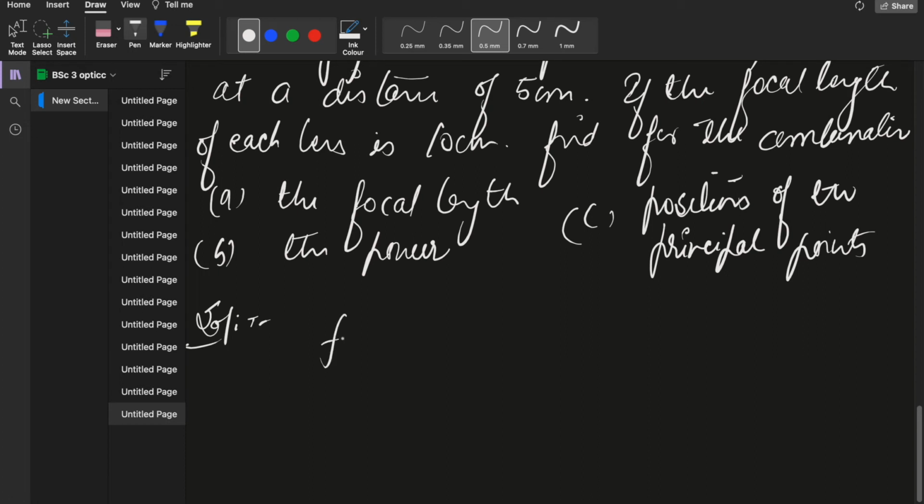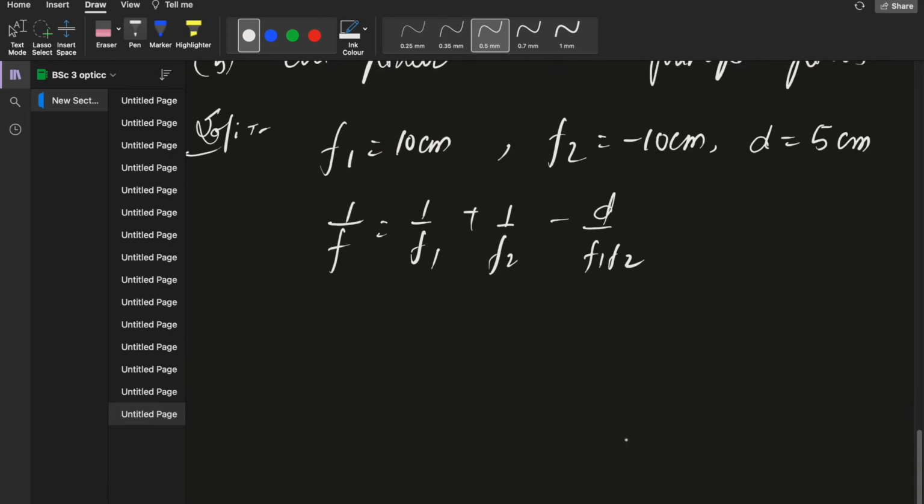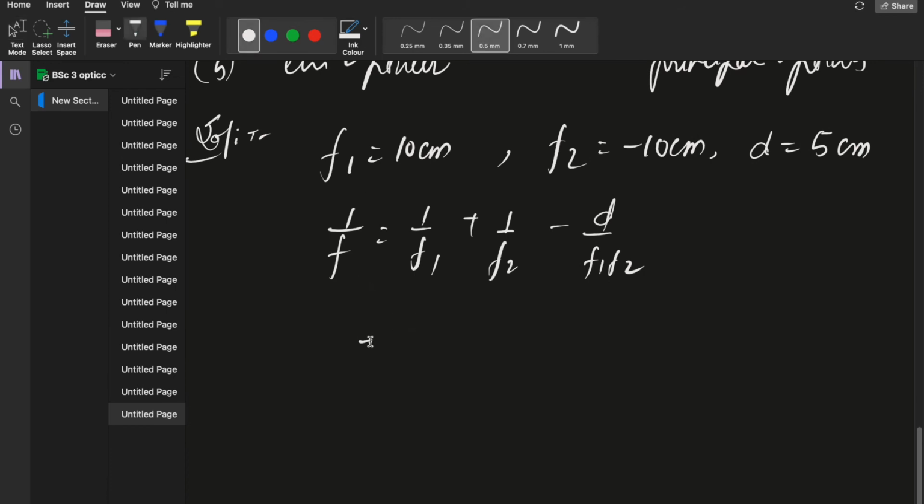So we have f1 as 10 centimeter. Why? The question says the focal length of each lens is 10 centimeter, but one is converging and the other is diverging, so f2 is minus 10 centimeter. The separation between them is 5 centimeter. For the equivalent focal length, we already discussed earlier: 1 upon f equals 1 upon f1 plus 1 upon f2 minus d upon f1 f2. We are given f1, f2 and d, so just substitute the values.